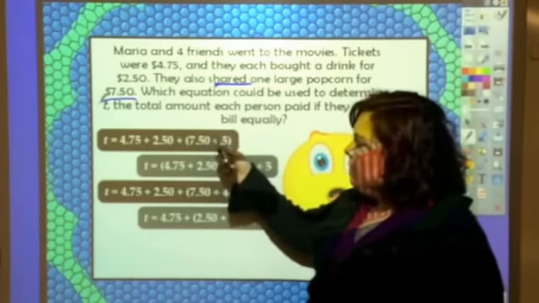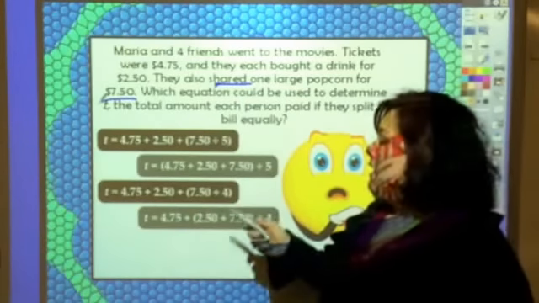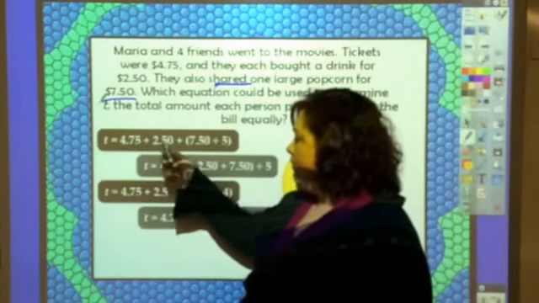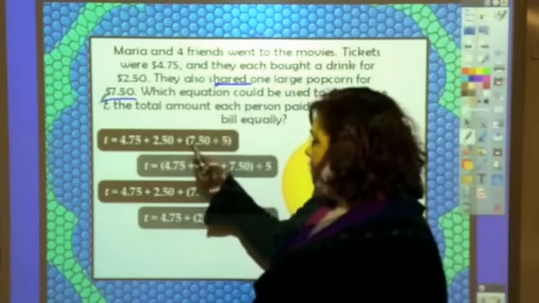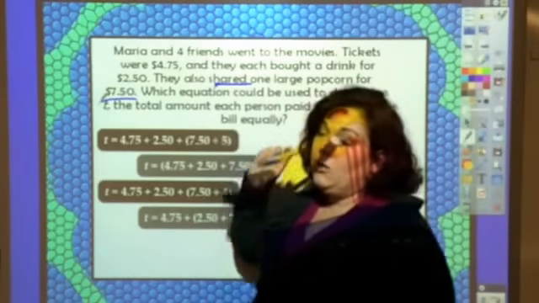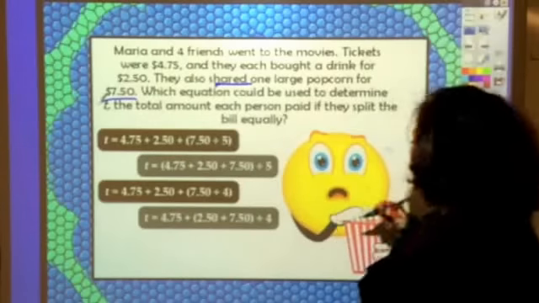So it really would be this one now that I read it. It's not the total that they spent, it's the total for each person. So it would be this plus this, and then $7.50 divided by 5 because it's Maria and 4 friends. You always have to watch for that because they will get you in how many you divide by.